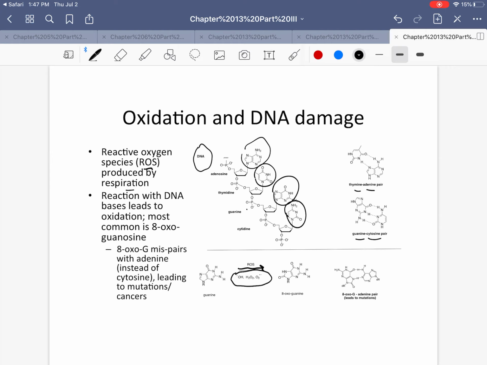So thymine pairs with adenine, guanine pairs with cytosine. So this is just showing the normal base pairing. Guanine can get oxidized to 8-oxoguanine, so it has a ketone in the 5-membered ring. That leads to mispairing.